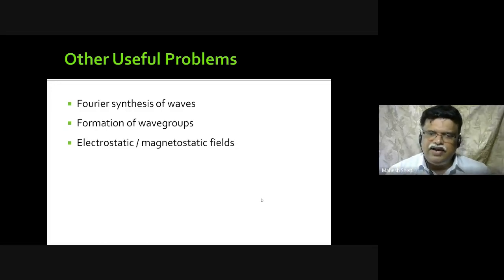Like the gravitational field, you can also write a problem for electrostatic and magnetostatic fields, and you can do some simulations for that. Of course, here what we need to bother about is, when it comes to the electromagnetic field, if the charges are moving inside the electric field, due to their acceleration they are also going to radiate energy.